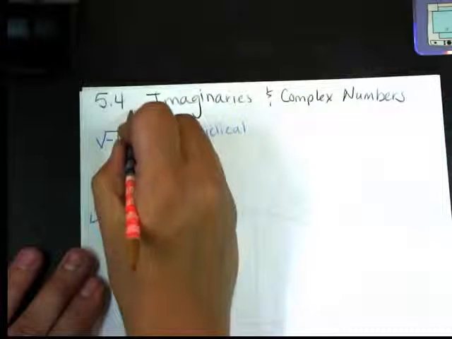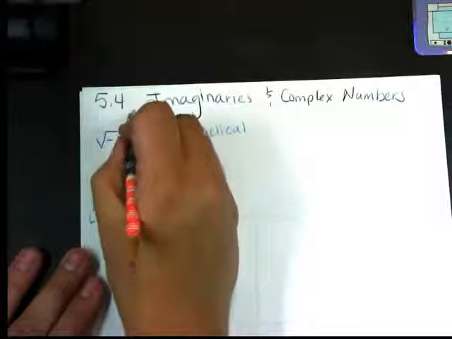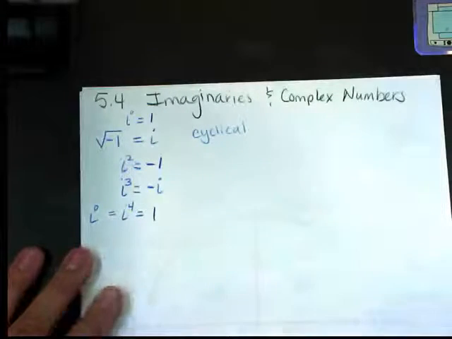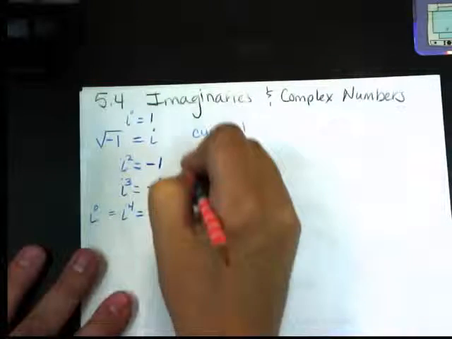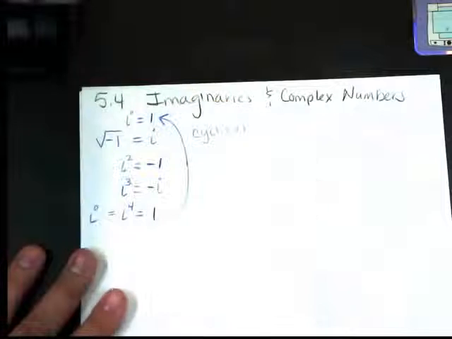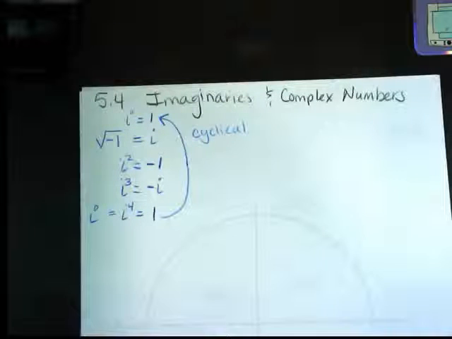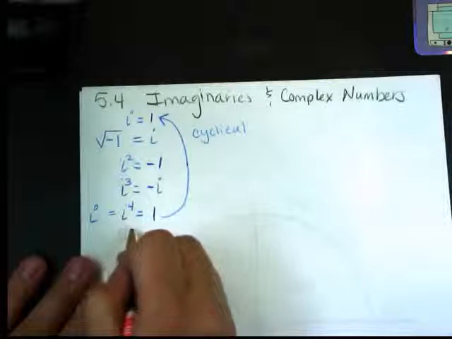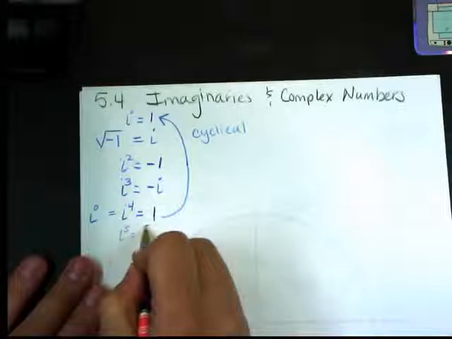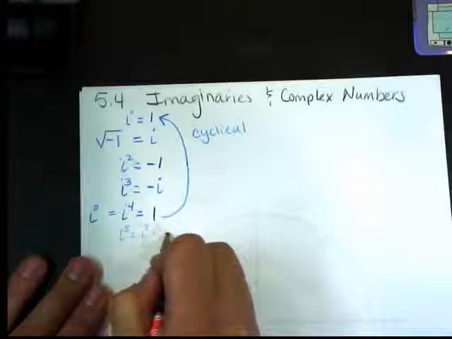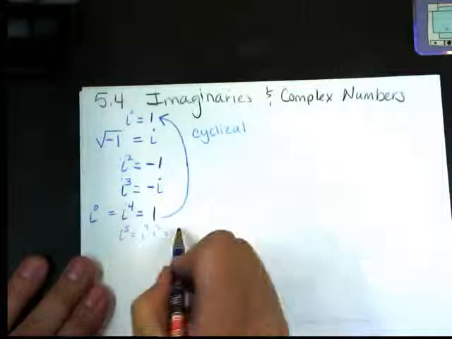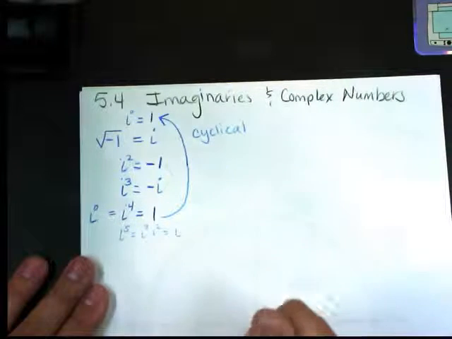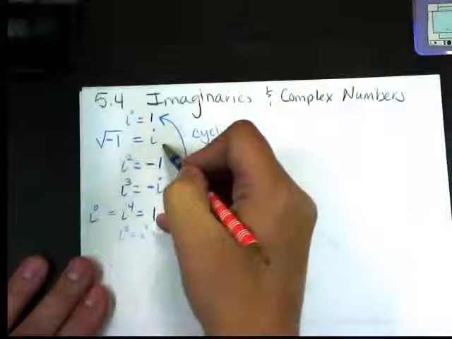If I were to put i^0 up here, anything to the 0 power is 1. So it's cyclical. If I were to do i^5, that is the same as i^3 and i^2. Well, that's +i. There's i^5.